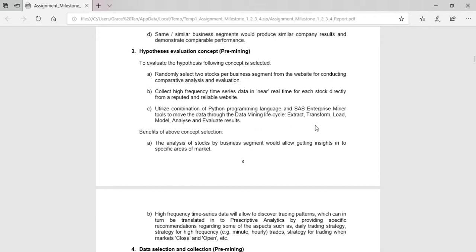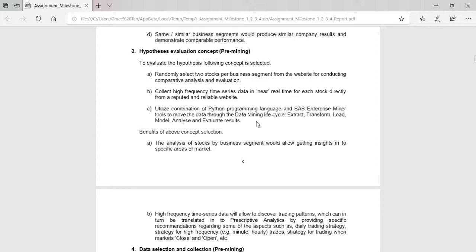And then coming to the core data mining part, we will be utilizing SAS Enterprise Miner tools, which will perform the actual data mining and the insight and pattern discovery. We will be using the KDD, knowledge discovery in databases, process, which is a renowned process in which data mining is one of the phases.